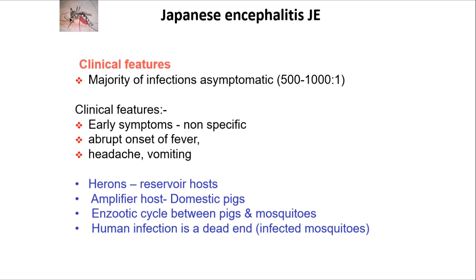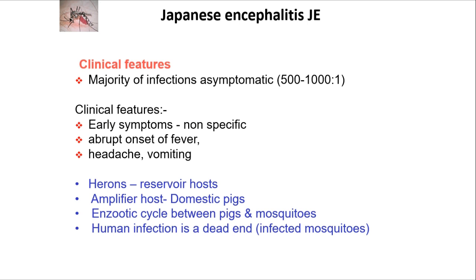The amplifier host is usually pigs. Japanese encephalitis virus multiplies exponentially in pigs without causing any manifestation. Once it reaches the human body, that is the dead end of this infection.